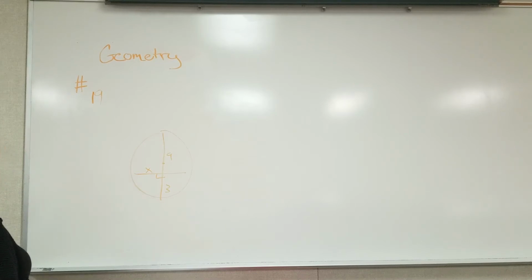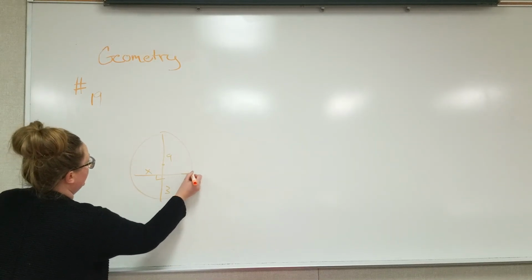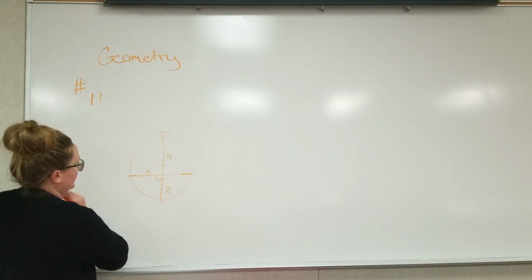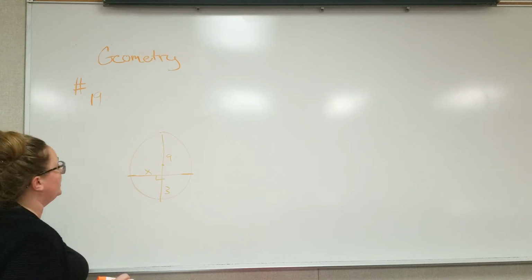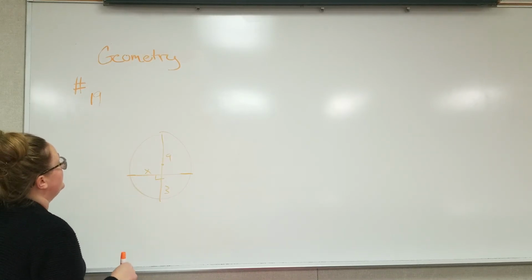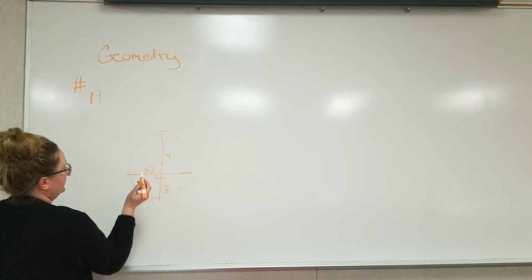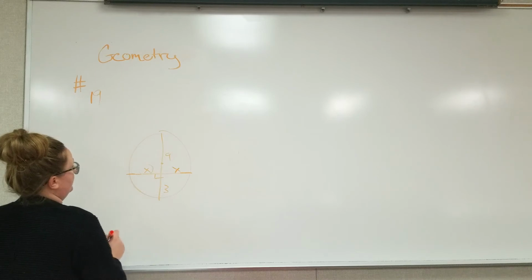So this goes back to the beginning. If a diameter is perpendicular to a chord, which is a line that touches the circle at 2 points, then it bisects the chord. So this chord is cut in half. That means if this side of it is x, then this side is also x.